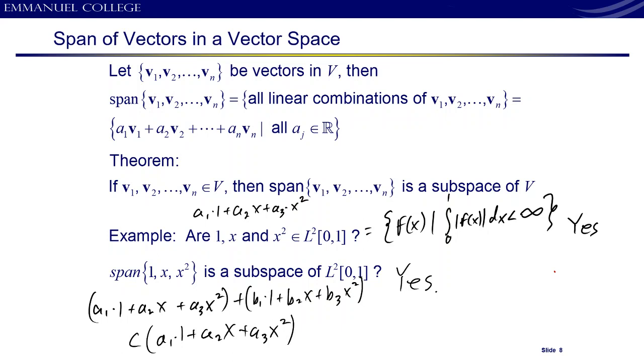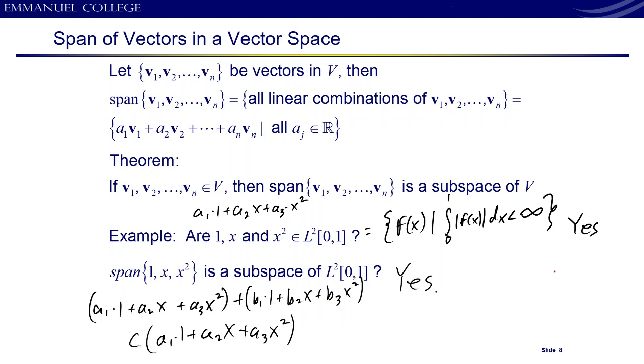You don't add these things together and jump out of the space. If that happens, then you're not a subspace. You're a subset, but not a subspace. So just keep that in mind.